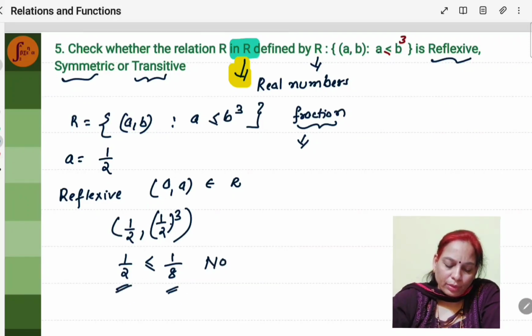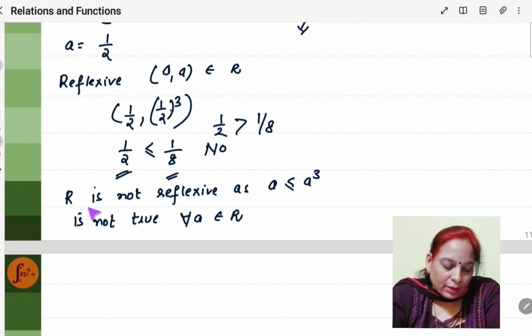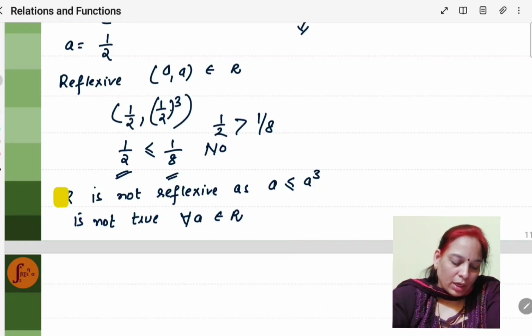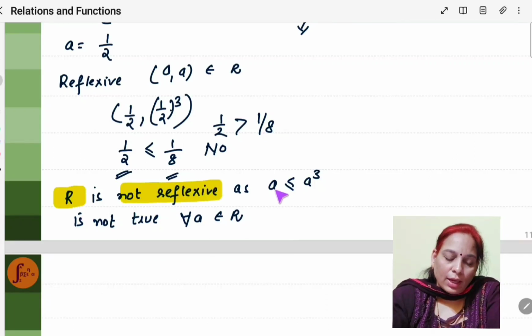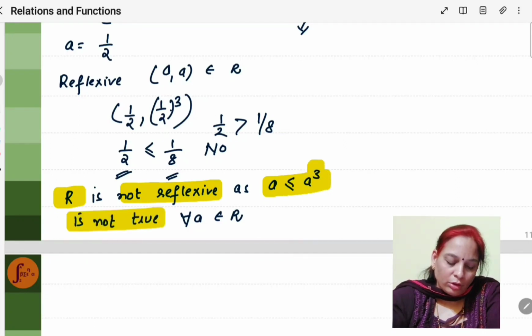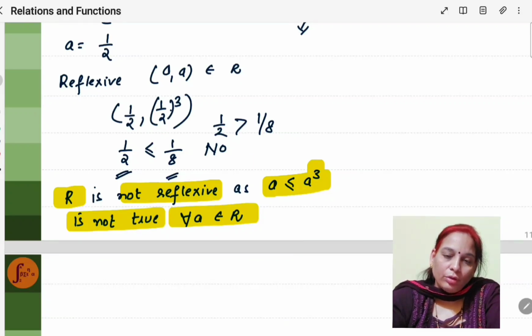No. Half is not less than 1 by 8. Half is greater than 1 by 8. So we should write it as R is not reflexive, as A less than or equal to A cube is not true for every element that belongs to R. Example is half. If I take half, is half less than or equal to half cube? No. Therefore, R is not reflexive.